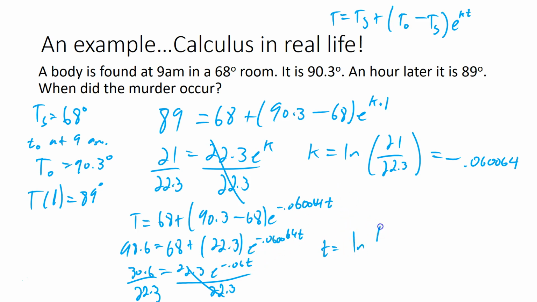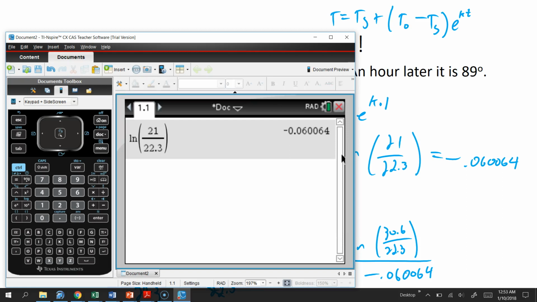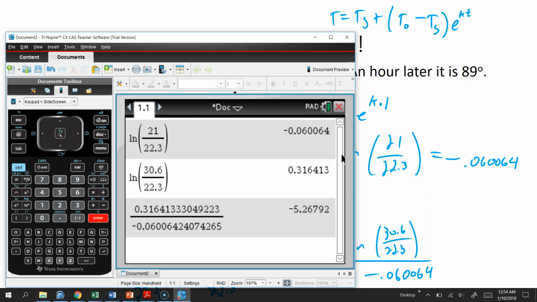It's going to be natural log of 30.6 over 22.3 divided by negative 0.06, our k value. Okay, let's go back to the calculator. So it's ln of 30.6 divided by 22.3, and then we divide by negative, so I'm going to go up and grab my k value. Gives me an answer of negative 5.267.